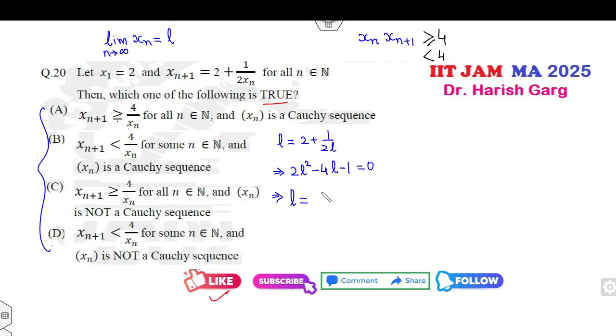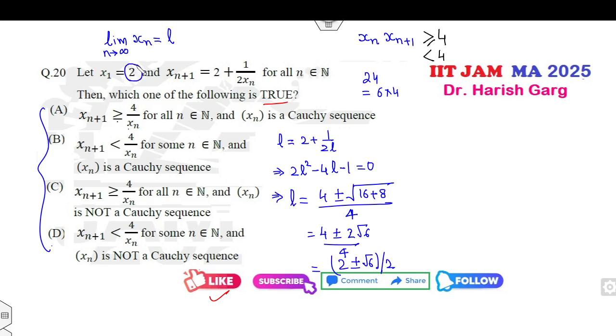That will be L is minus b plus minus root b square minus 4ac over 2a, 2 into 2, 4. So 24 will be 8. 24, that is 6 into 4. So that will be 2 root 6 divided by 4. That is my 2 plus minus root 6 divided by 2.